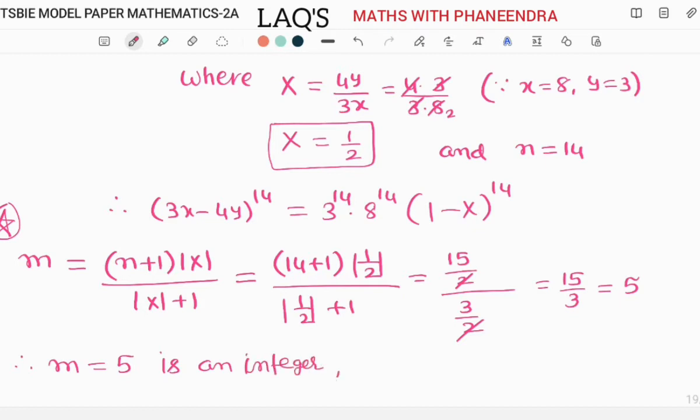Whenever we get an integer, tm and tm plus 1 are numerically greatest terms, NGTs. Suppose if it is not an integer, only tm plus 1 is the numerically greatest term. Now we will calculate tm and tm plus 1.